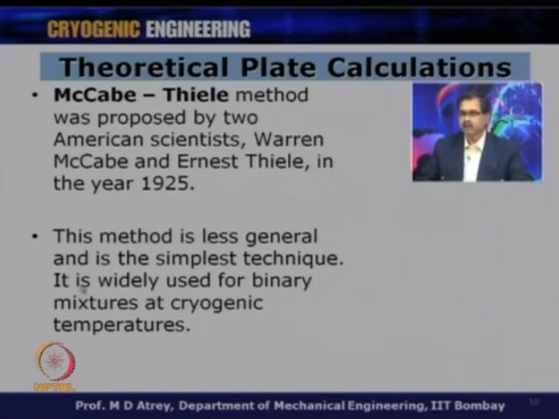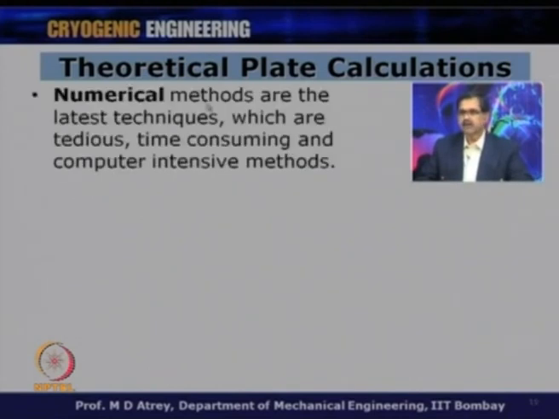Why is it less general? Because it is widely used for binary mixtures, that means a mixture consisting of 2 components, and at cryogenic temperature. So, this method for binary mixtures has been found to be a simple technique, and it validates very well with cryogenic conditions and cryogenic temperature also. The third is a numerical technique, which many of you know now: with mathematical tools we can have various equations for mass, energy, momentum, etc. that will be solved at every point as the vapor moves up and the liquid comes down.